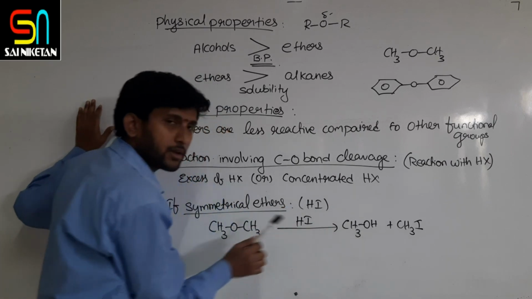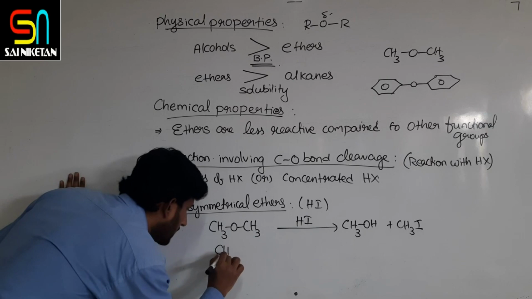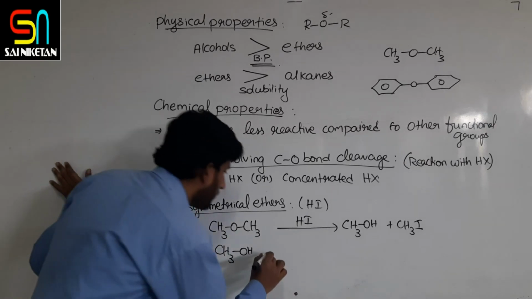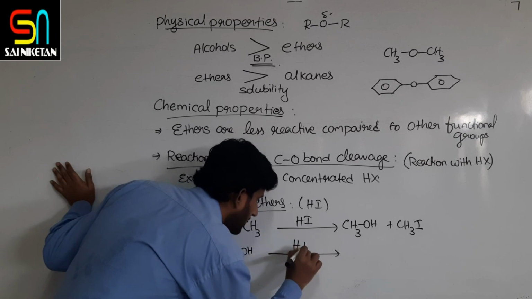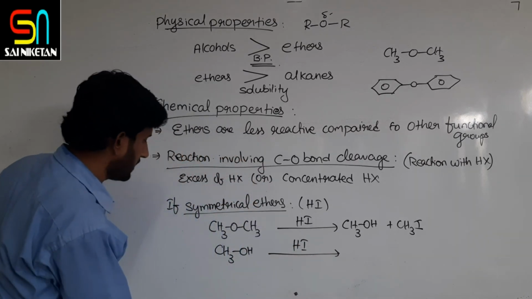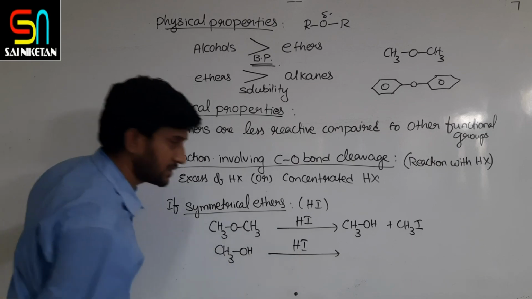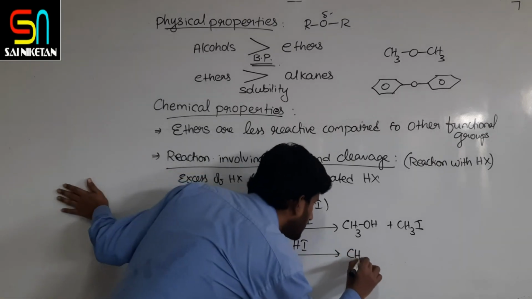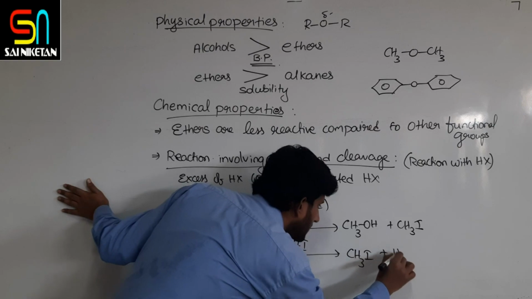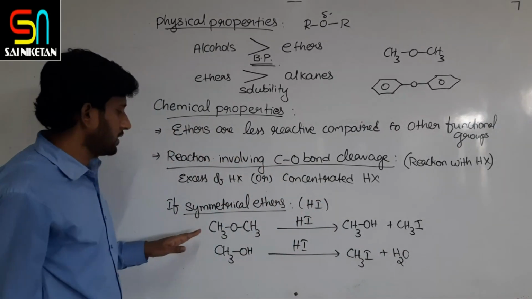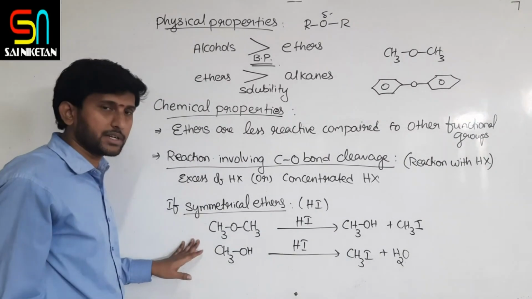So even this alcohol molecule can react with one more molecule of HI. This OH is eliminated and I minus is attached. So you get CH3I plus H2O. This is what is happening in symmetrical ethers.